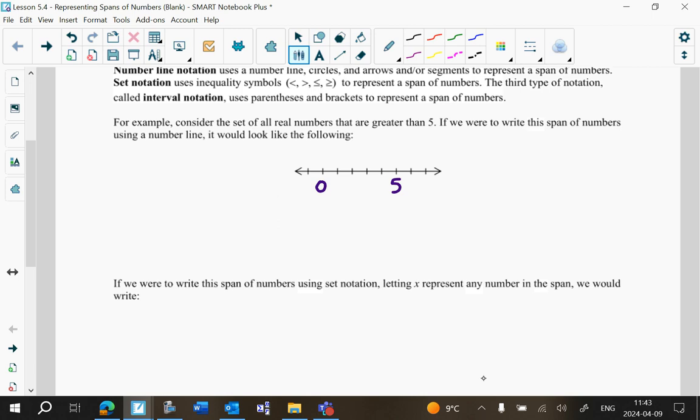Okay, use an arrow. Okay, so which way is the line going to go and where's it going to start? At the 0? But don't I want to show every number greater than 5? Oh, you start at the 5. So you start at the 5 and then what? To the right. But we need something else. A dot. Open or closed? Filled in or hollow?